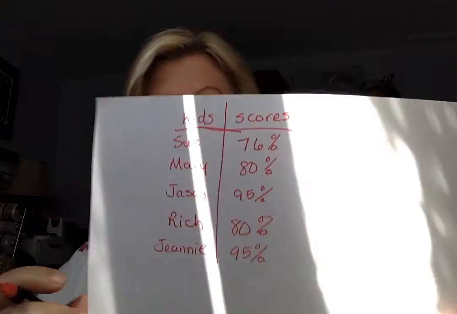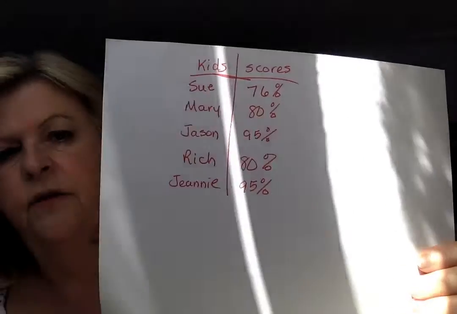And I'm going to take a look at their scores. Let's say Sue got 76%, Mary got 80, Jason got 95, Rich got, we'll say 80, and Jeannie also got 95%. Okay, so now I have their names and their scores.